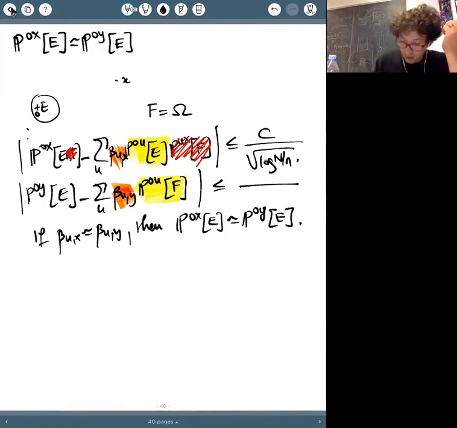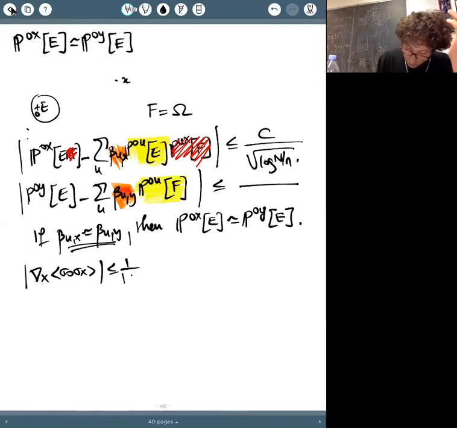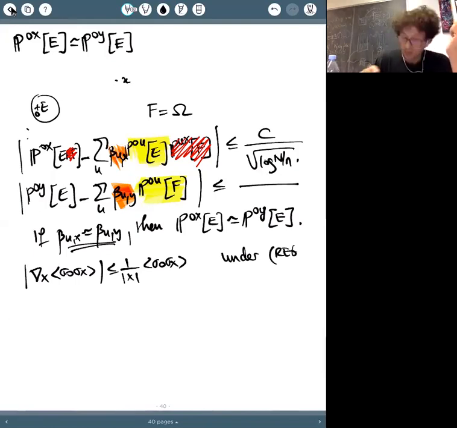And trust me that it's an easy thing to get the regularity of the spin-spin correlation. In fact, you can get, I should write it, you can get this: sigma 0, sigma x is smaller than 1 over x, sigma 0, sigma x, under regularity assumption. So that implies automatically that beta ux is very close to beta uy. Okay?